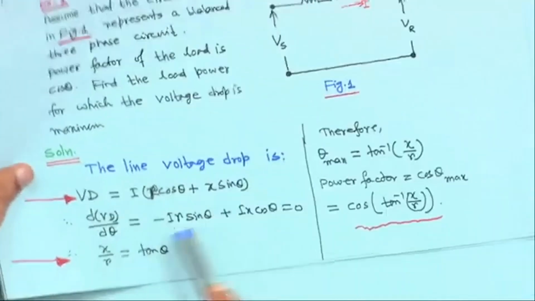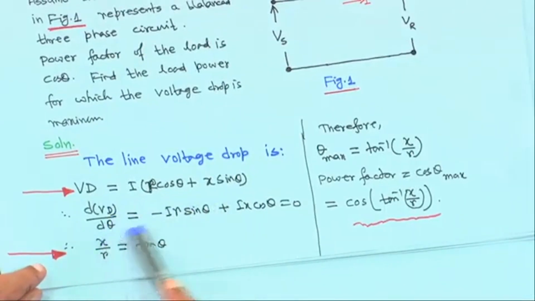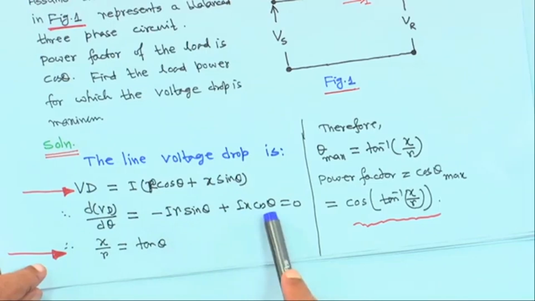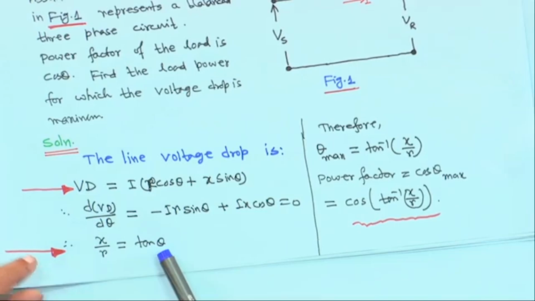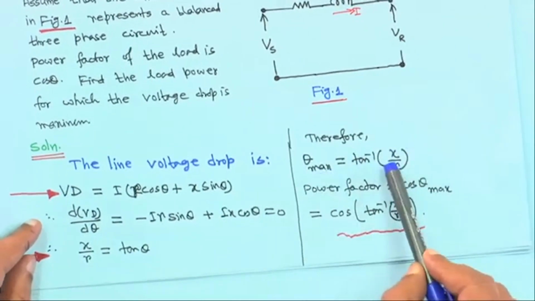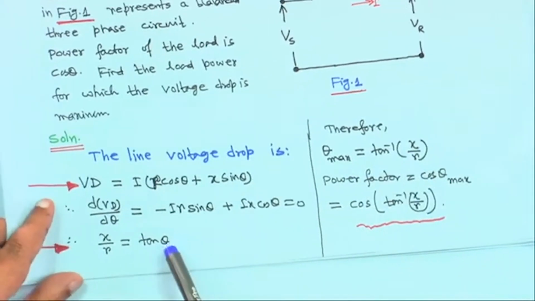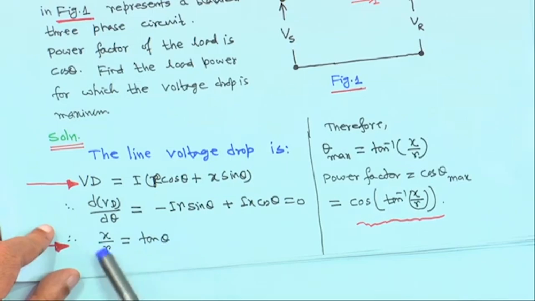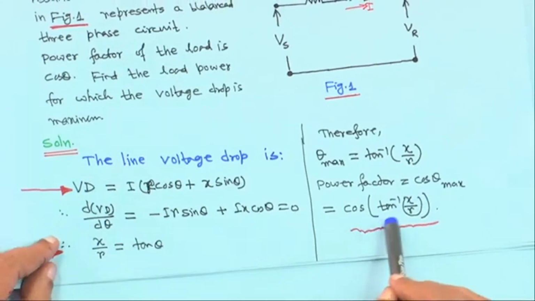So if you take the derivative with respect to theta, d voltage drop by d theta is equal to minus I R sin theta plus I x cos theta, equal to 0. Therefore x by r will become tan theta. This is the relationship. Therefore theta max will be tan inverse x by r, so the power factor is cos theta max, that is cos of tan inverse x by r.